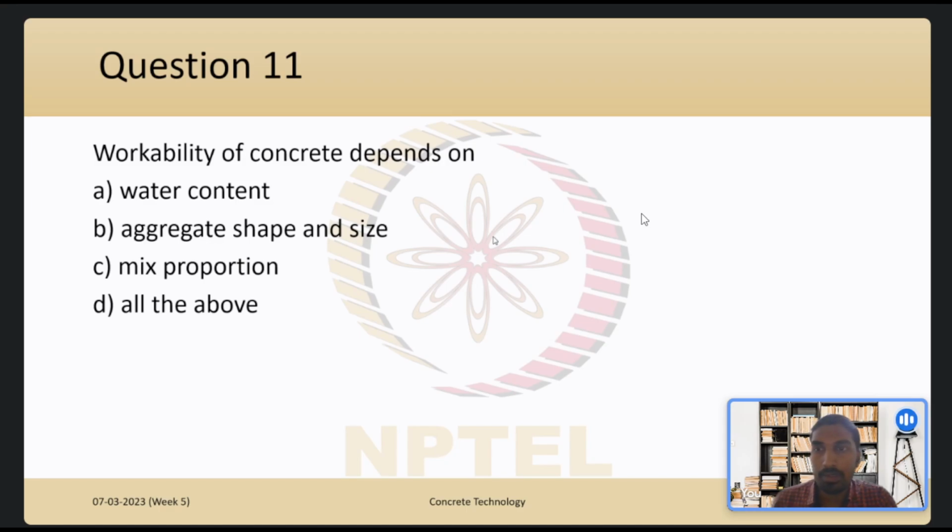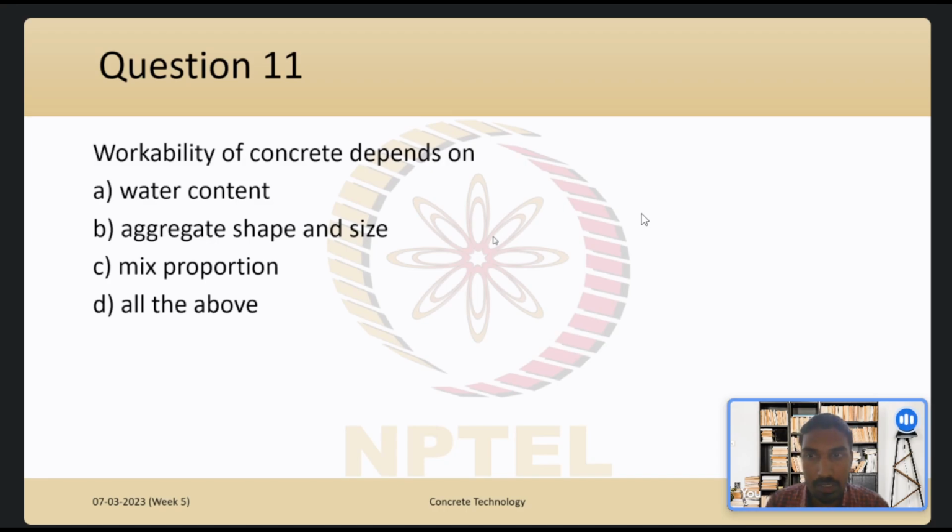And option B is aggregate shape and size. Again, both of these will affect workability. So different aggregates will provide you with different workability, right? So for example, spherical aggregates will provide you with higher workability than angular aggregates, right? As well as the size also affects the workability.